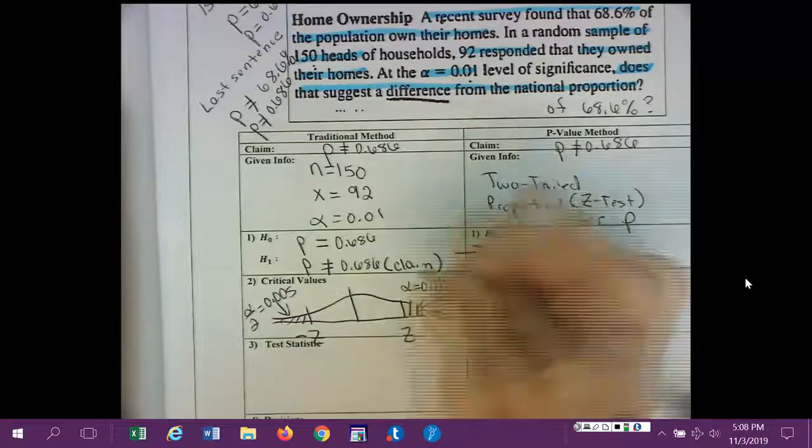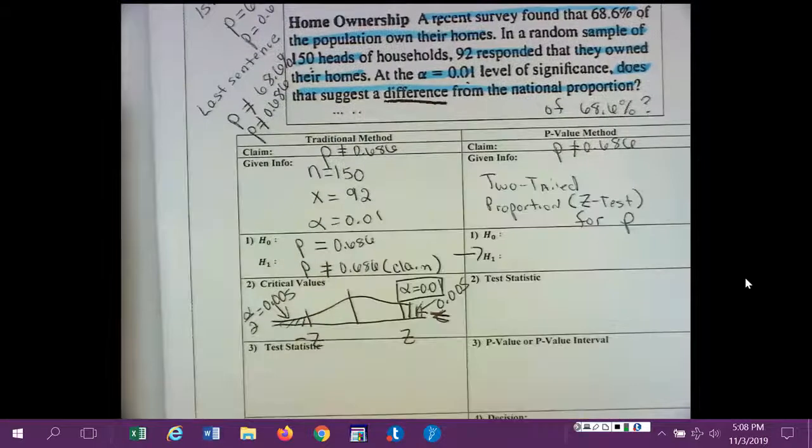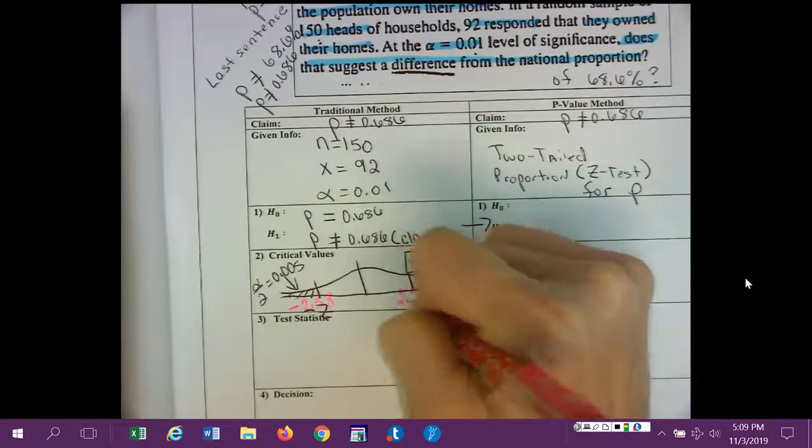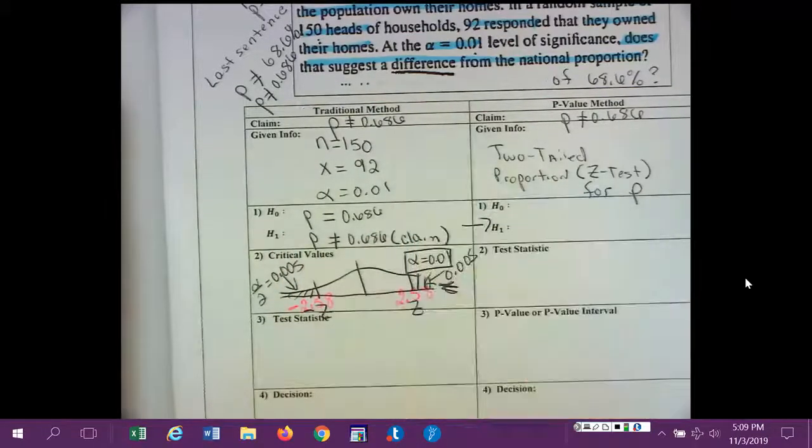I better box that. So when you divide that by 2, each tail is 0.005. Now you get good news, you can go back to using invert norm again because it's the z-table. So I would use invert norm on that bottom 0.005, and I believe it's a negative 2.58. So those are your two critical values, plus and minus 2.58.